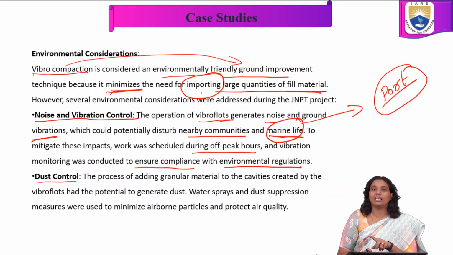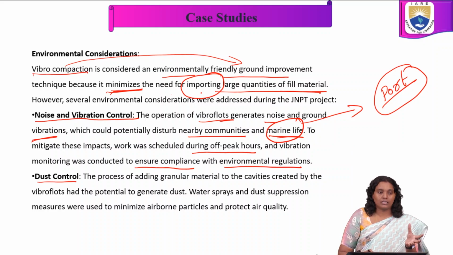For reducing the cavitation, we add granular material into the cavities. Whenever we add that granular material, that process may lead to dust. So at that time, we have to control the dust as an environmental concern.